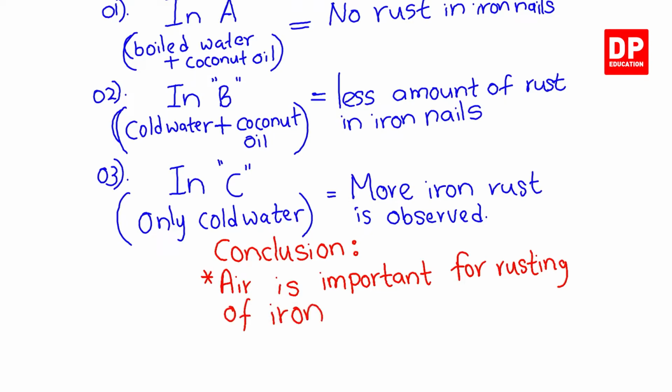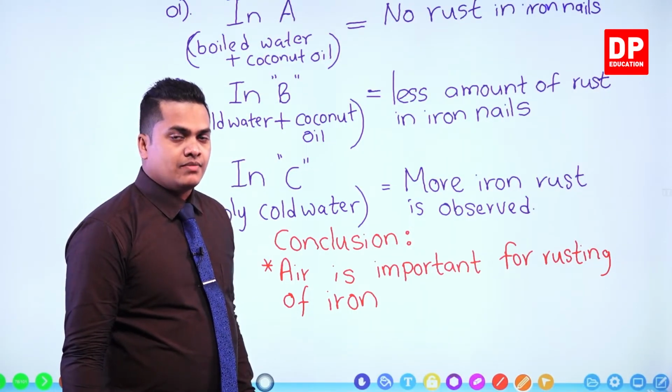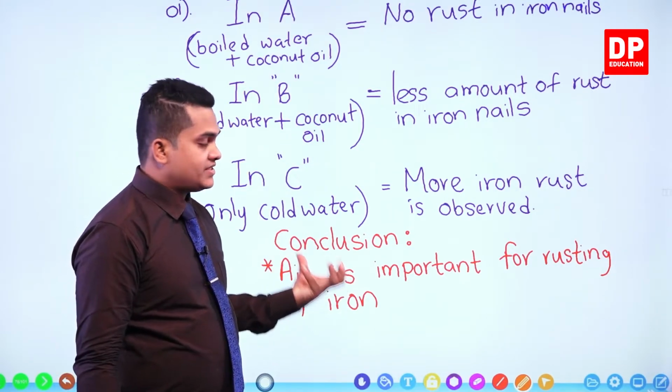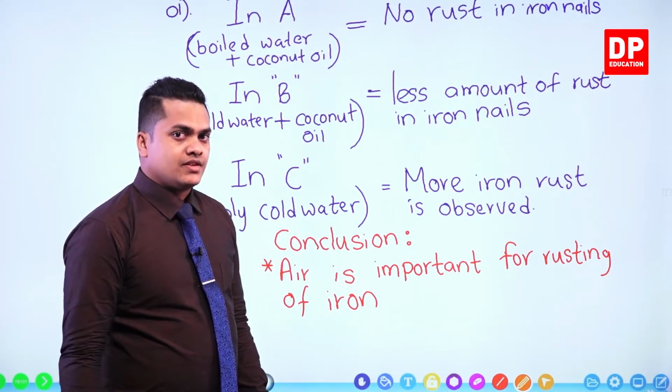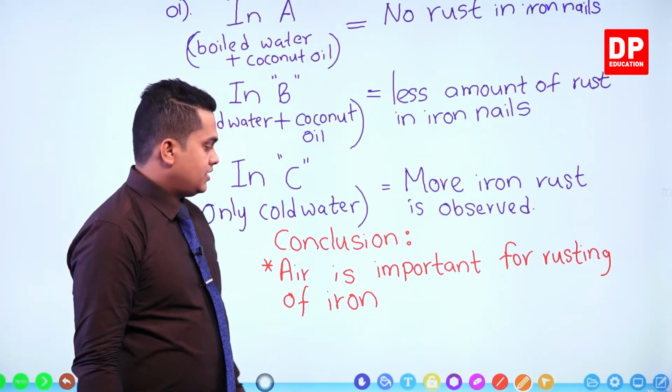This is the final conclusion that we can take from this experiment, right? Based on the above observations, we can conclude this thing. Air is necessary for, or air is important for, rusting of iron, right?